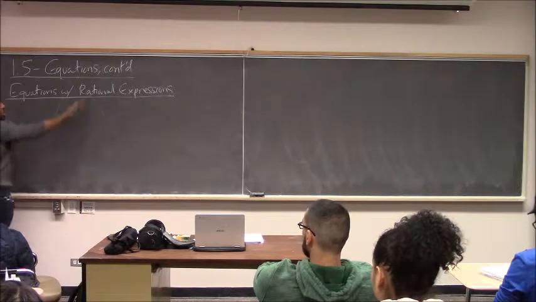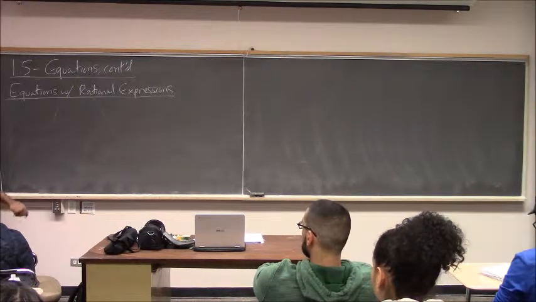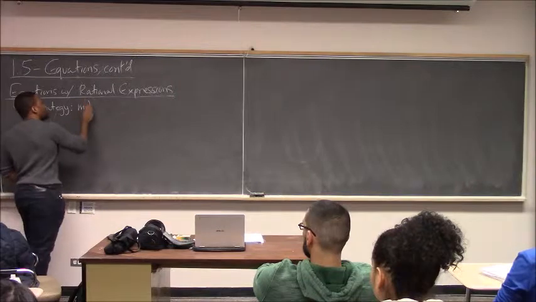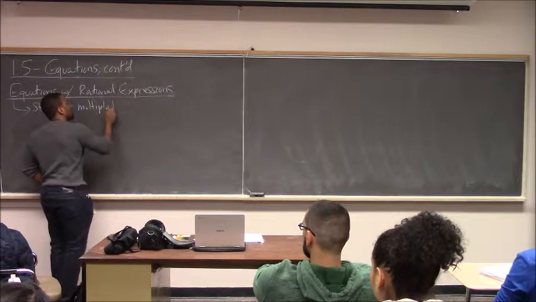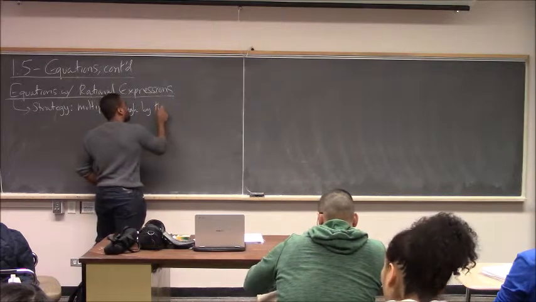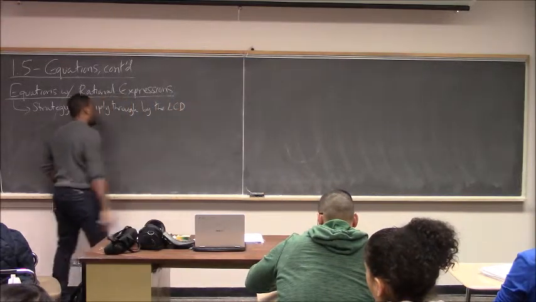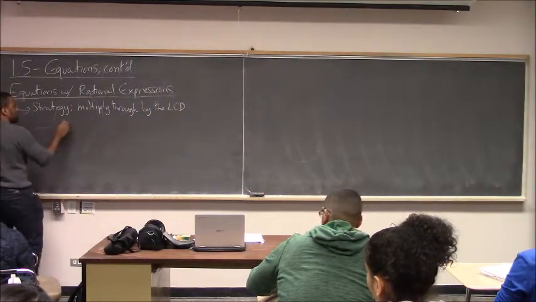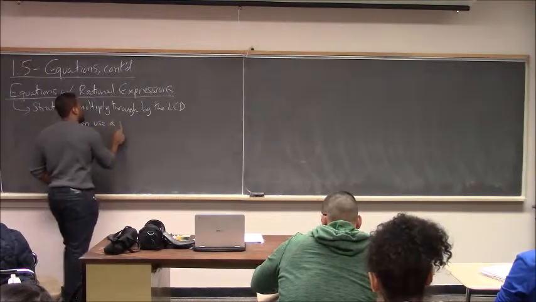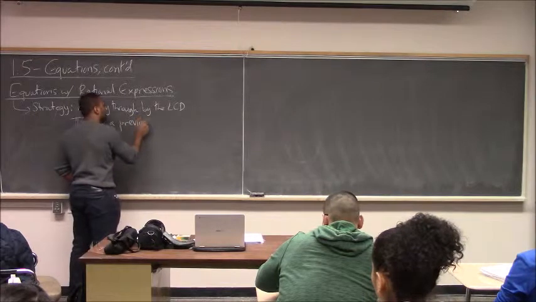And we know what a rational expression is. We defined that before, not going to redo it. But basically here, the strategy is to multiply through by the LCD and then use a previous strategy.